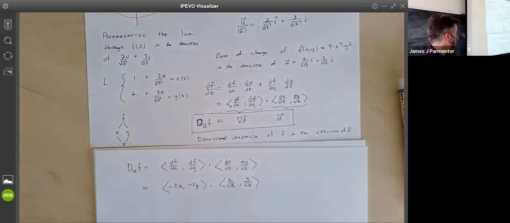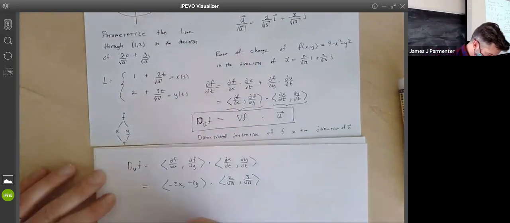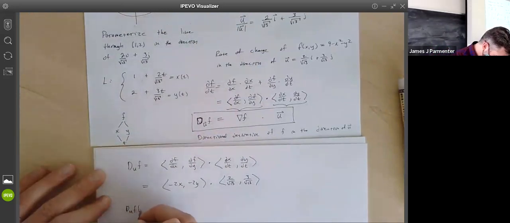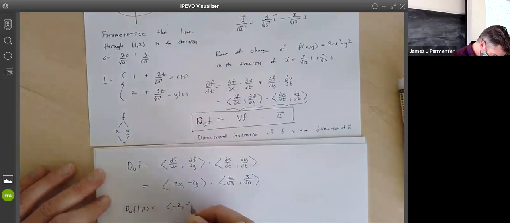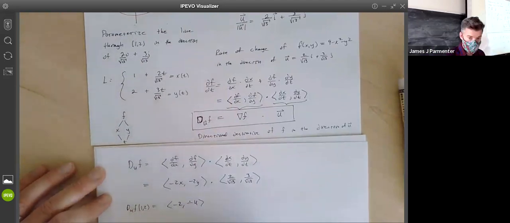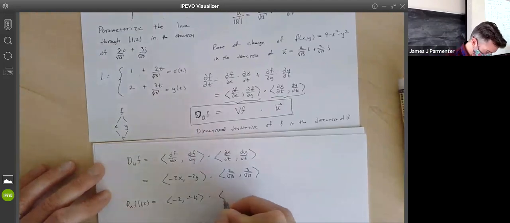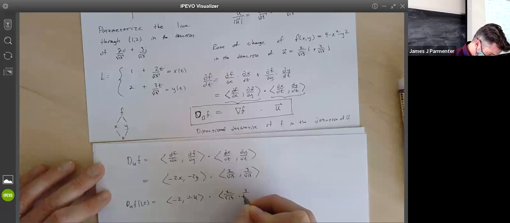So that would give you the directional derivative at any point, but we wanted to find the directional derivative specifically at the point 1, 2, 4. So we're going to plug in x equal to 1 and y equal to 2. So we get the vector -2, -4 as our gradient, dotted with 2/√13, 3/√13.